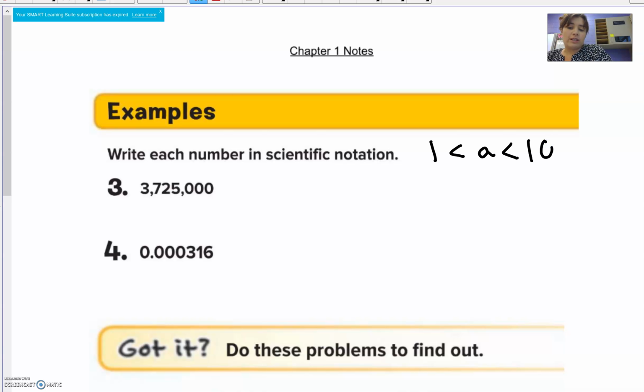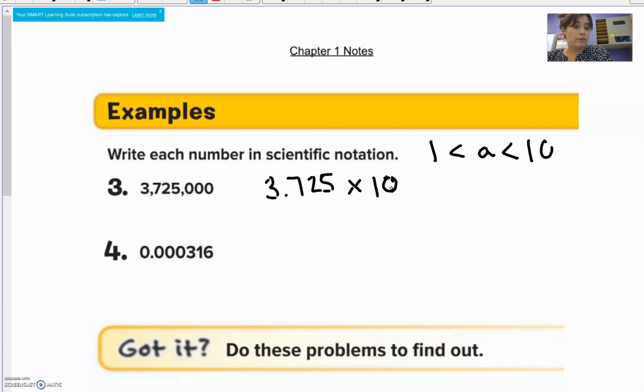So I'll show an example. We have 3,725,000. Okay, we need to create that into a number between 1 and 10. So I'm going to stick that decimal point right after the 3, write down 725, and that's my beginning number. So we know we have to multiply this by 10 to some power.